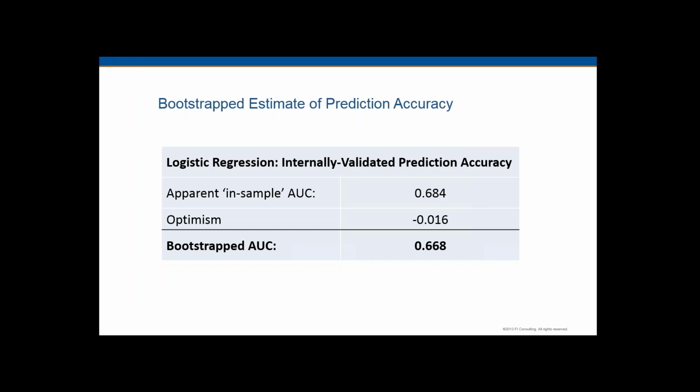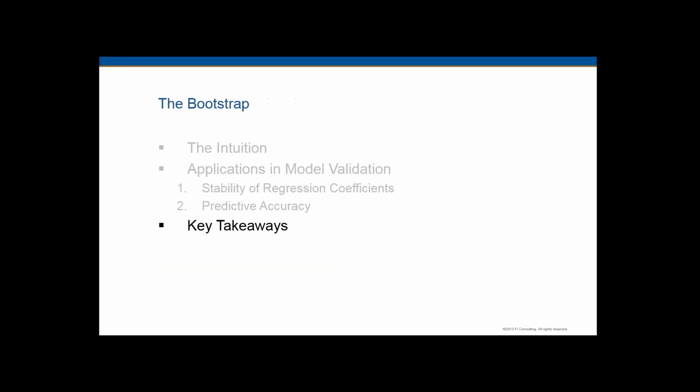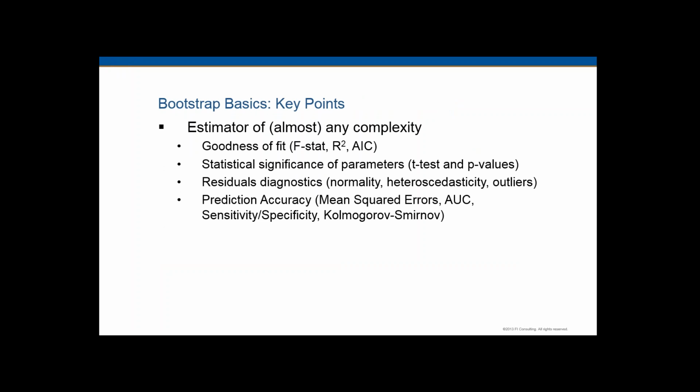Also, the advantage of this method is that we didn't have to make any assumptions about the distribution of the data or the mathematical properties of our performance metric, the AUC. And so to summarize, here are some points to keep in mind. As I mentioned, we can use the bootstrap to examine the distribution of a statistic or a model output of almost any complexity, including the goodness of fit, significance of parameters, your various residual diagnostics or prediction accuracy metrics.